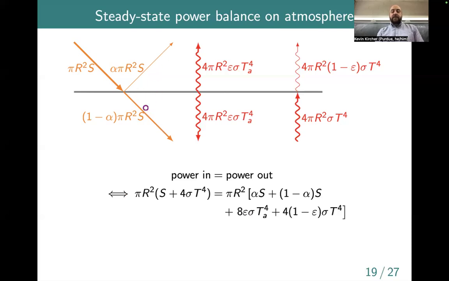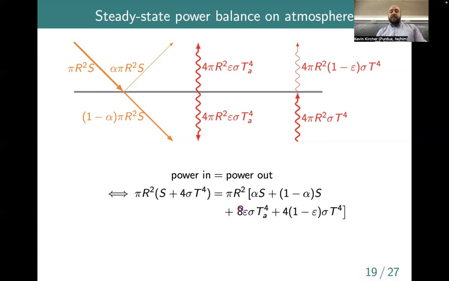We have a 1 minus alpha s down here. Those are these two terms. And then we have a 4 epsilon sigma ta to the fourth coming out here and another 4 coming out down here. That's what gives us the 8 epsilon sigma ta to the fourth. And then this term here is basically what we're re-radiating to space as thermal radiation from the atmosphere. So that's the last term here.